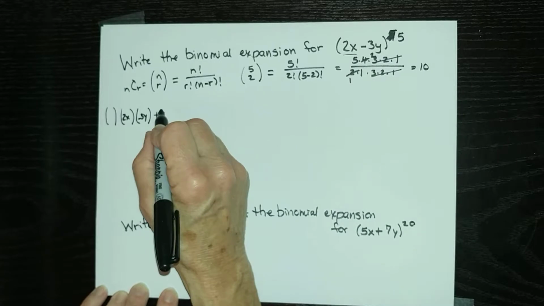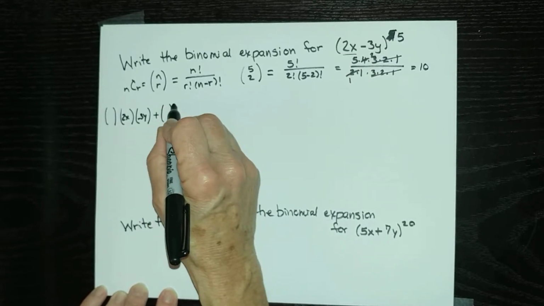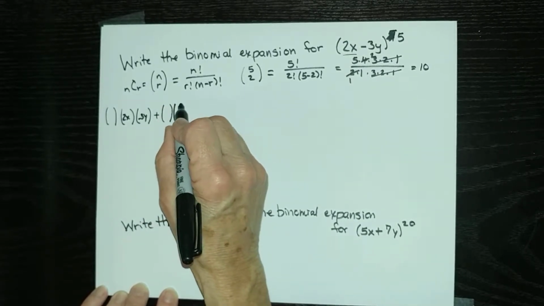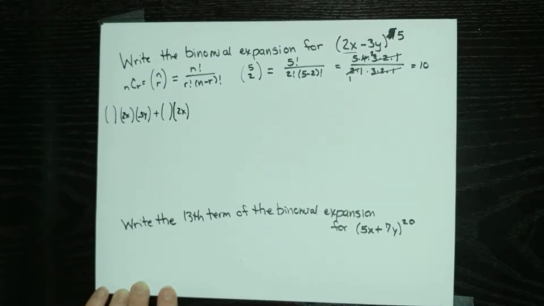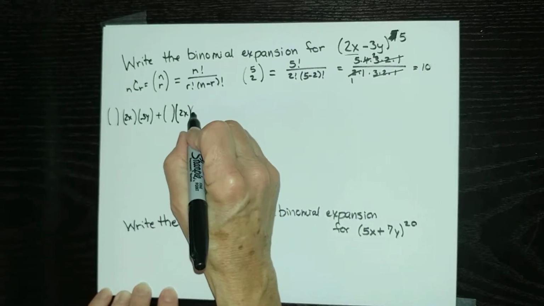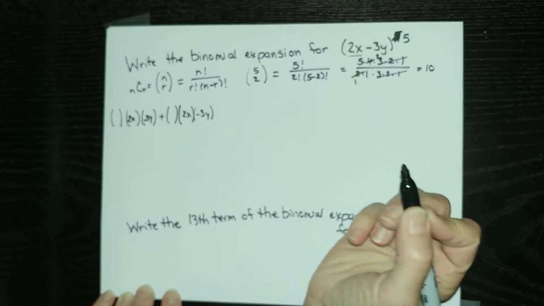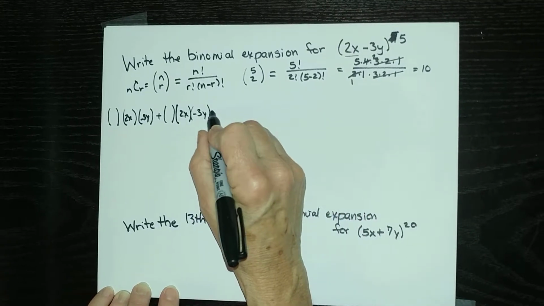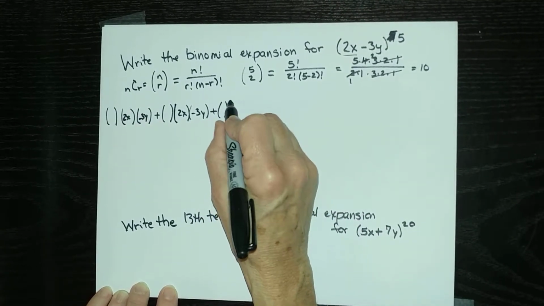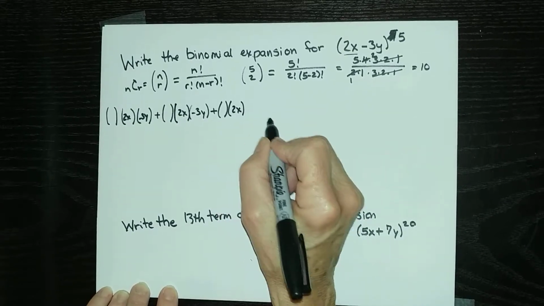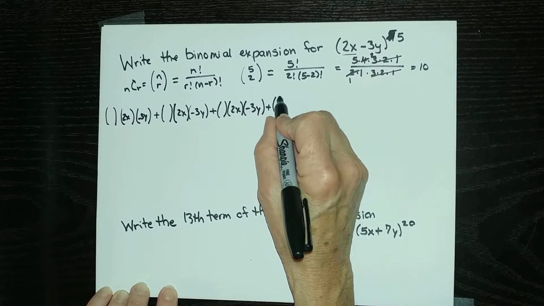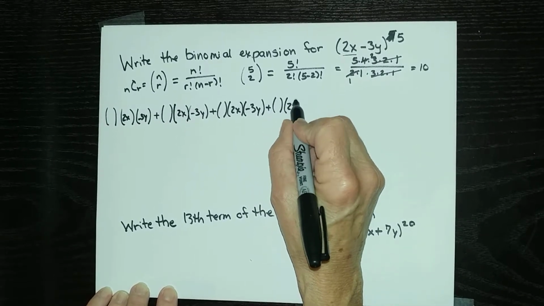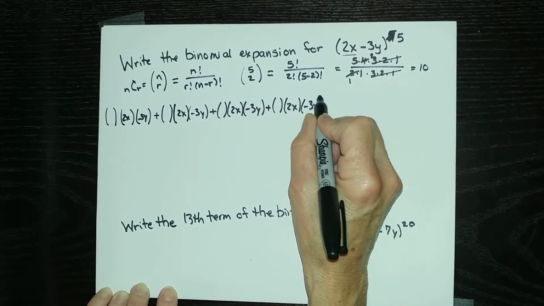To get ready for this, here's where I put the coefficient, which is a combination. Then it's going to be 2x raised to a power, and then negative 3y raised to a power. Plus the third term, the coefficient, times 2x raised to a power times negative 3y raised to a power, plus the coefficient, 2x raised to a power, negative 3y raised to a power.